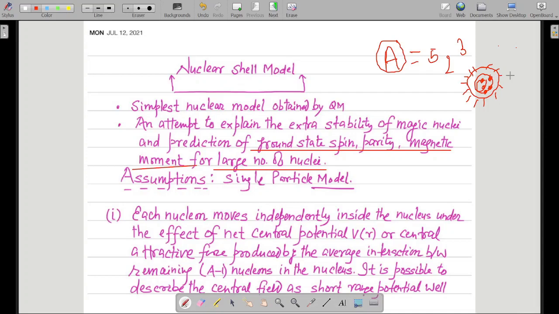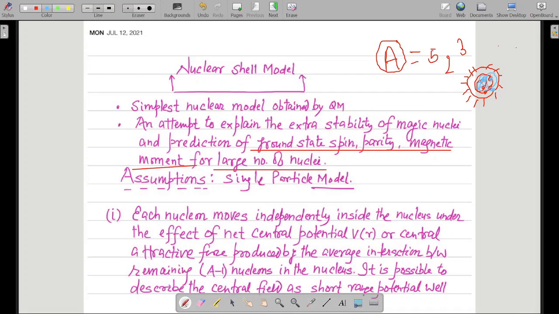Then what will happen? The nuclear central force acting on each nucleon towards the center of the nucleus will be the result of the others. If we consider this particular nucleon, the force will be because of the other 4 nucleons. If we consider that nucleon, the central potential developed will be on account of the other 4 nucleons.